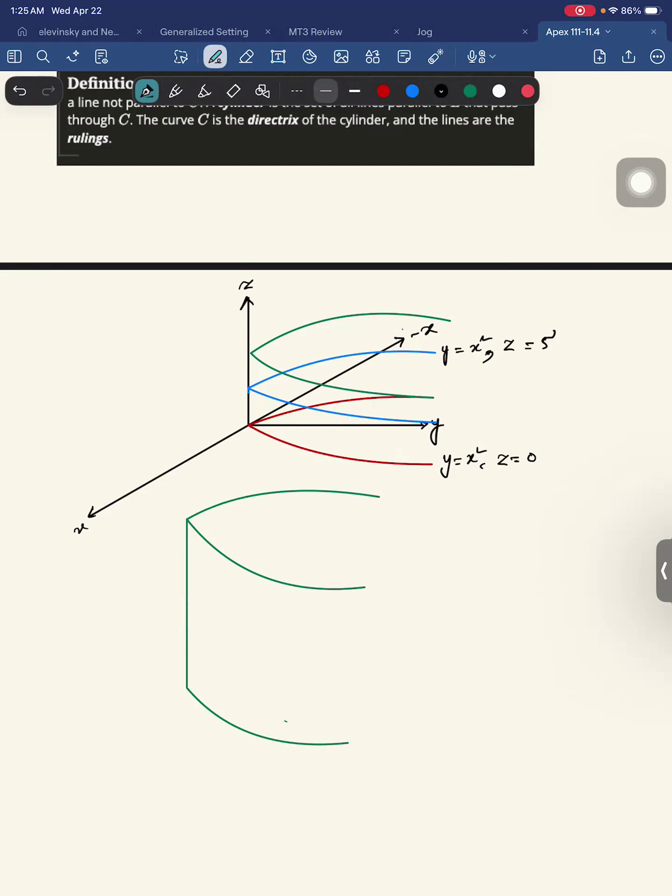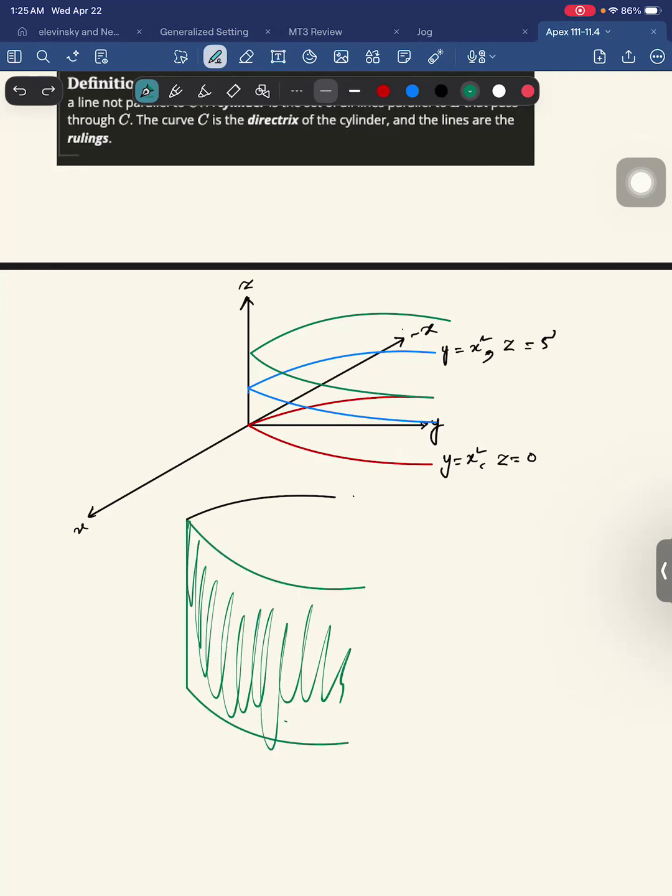So this is one of the walls, and then the other side of the wall would be like this.